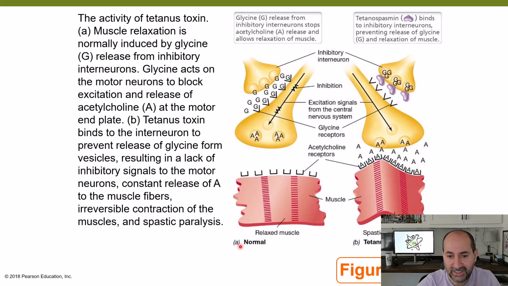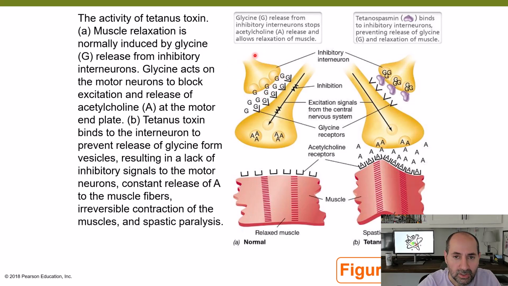Let's look at figure A here, which is normal relaxed muscle. In figure A, muscle relaxation is normally induced by glycine. This capital G is glycine. Glycine is released from inhibitory interneurons. So here you can see this is an inhibitory interneuron.